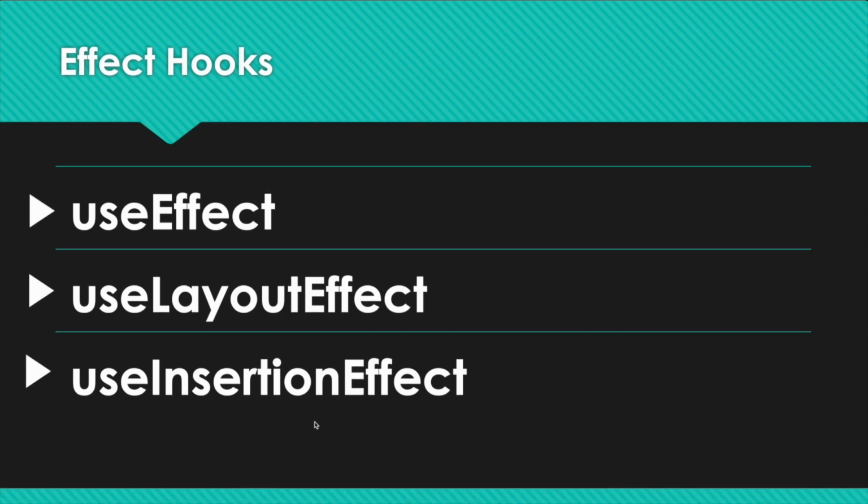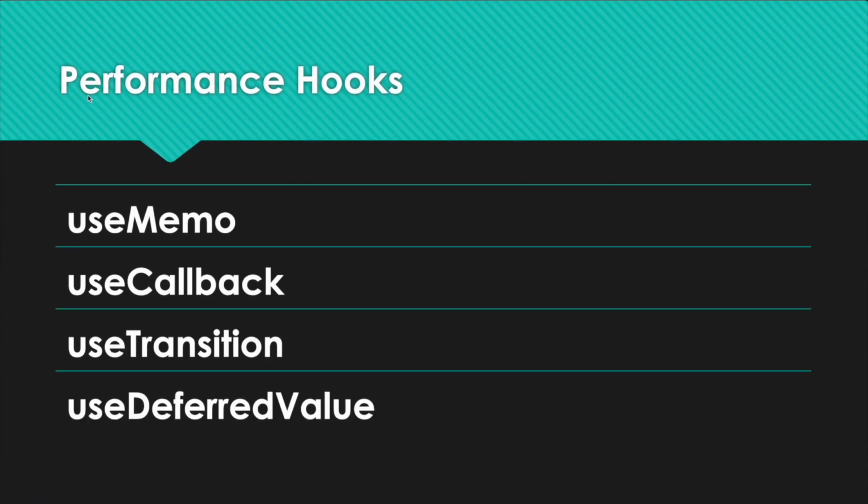Okay, let's move on. The next one is the performance hooks. These hooks are a common way to optimize app performance and to escape unnecessary renders. So for example, you can tell React to reuse a cached calculation, or to skip re-rendering a component where the data has not changed since the previous render.